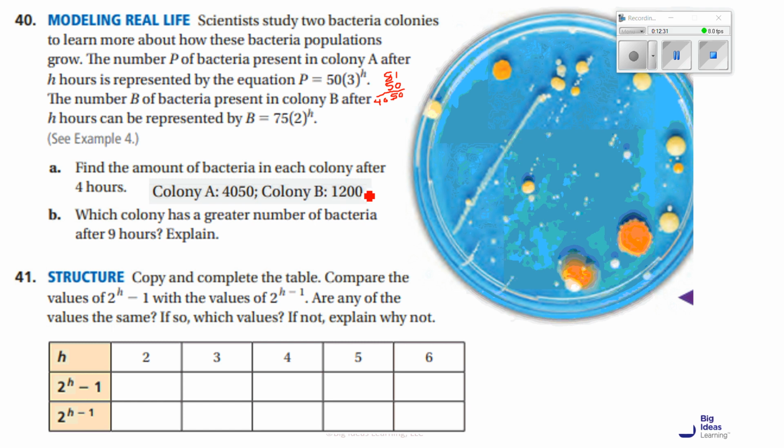Colony B was 1,200 because we said this was 8, or excuse me, 16. So this is 75 times 16. And we'll check the answer to that. 5 times 6, which is 30. Carry the 3. 7 times 6 is 42. 42 plus 3 is 45.